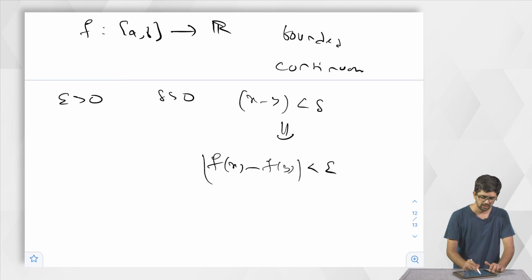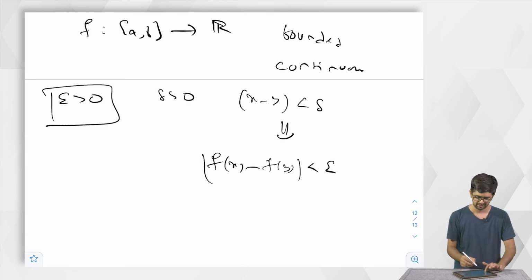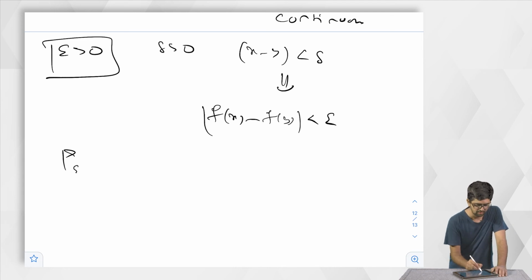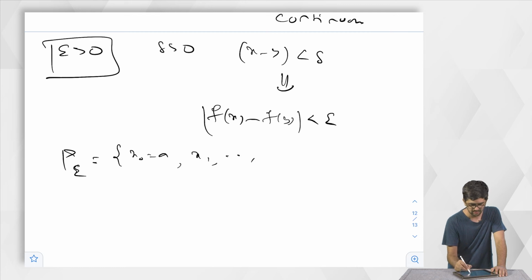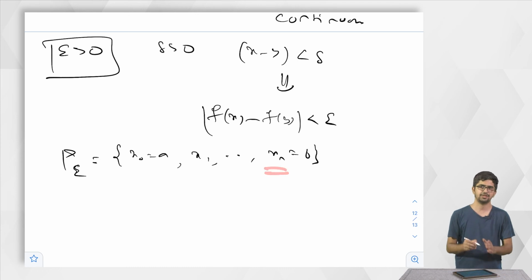Okay. Now what? After fixing epsilon positive, let us take some partition P epsilon equal to x0, that is equal to a, x1 dot dot dot xn, that is equal to b. I am not fixing anything about this number here, but I know that if I involve delta, it will make my life easier here.